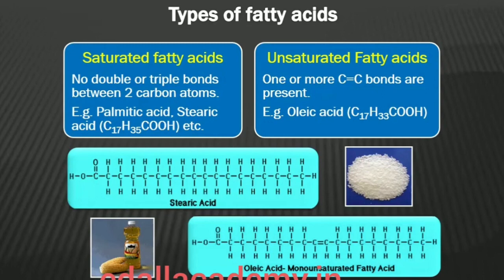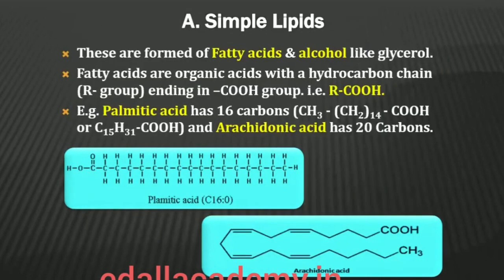Fatty acids could be saturated, that means without double bond, or unsaturated with one or more double bonds between carbons. Saturated fatty acids do not have double bonds in their carbon chain, for example palmitic acid. The molecular formula is given, refer to the diagrammatic representation.